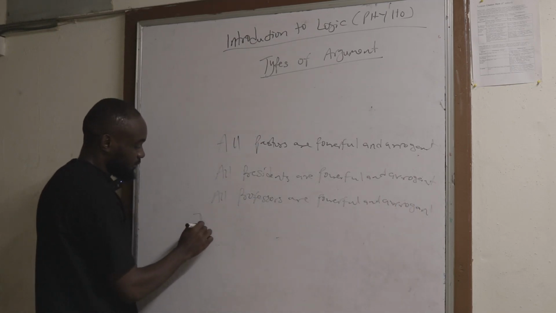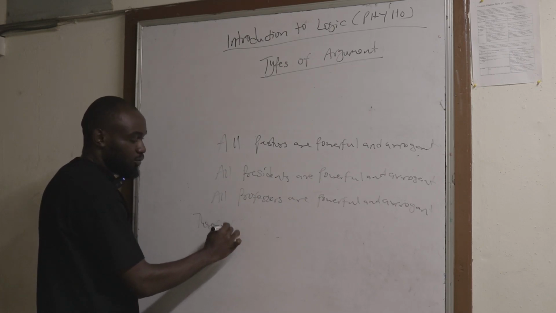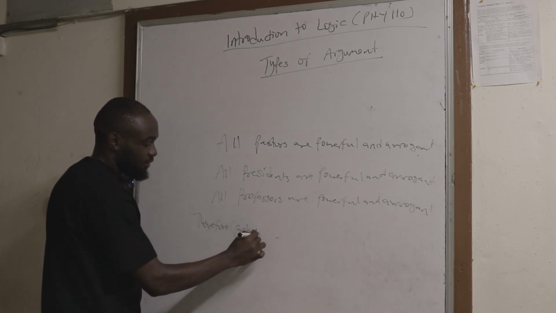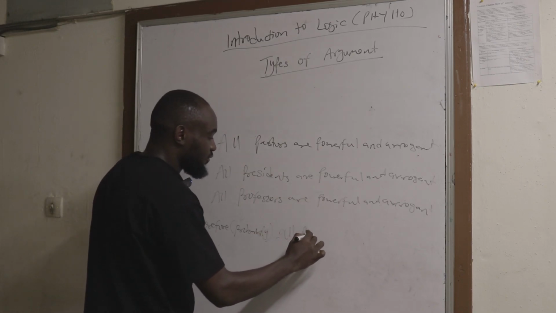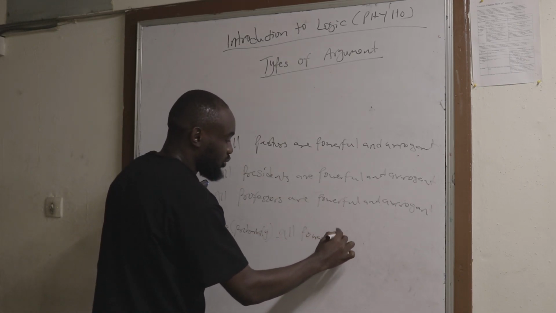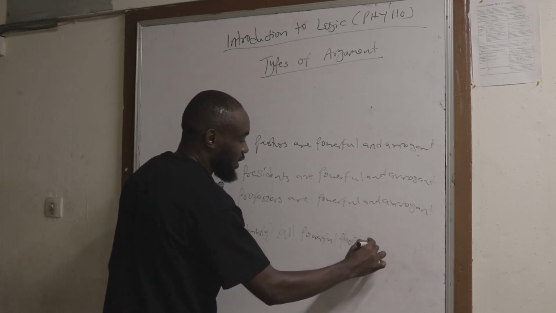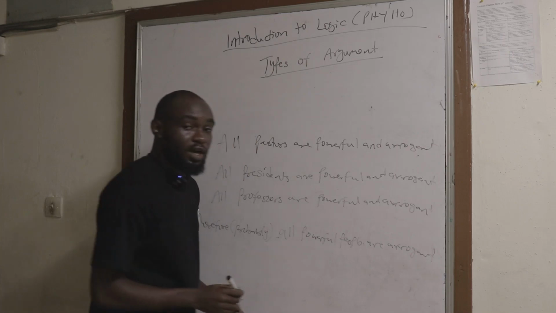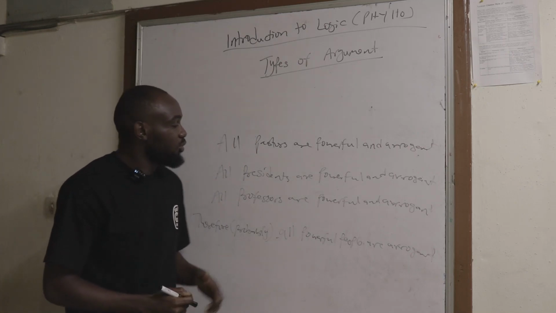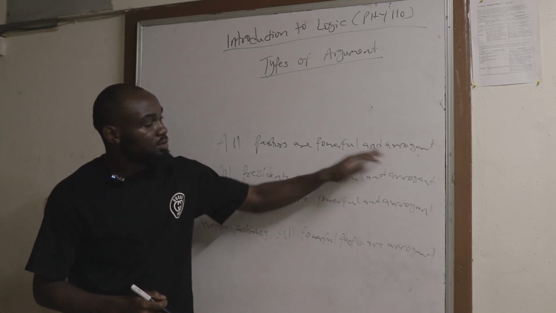Therefore, probably all powerful people are arrogant. So if you look at this example, we find out that the premise is general.